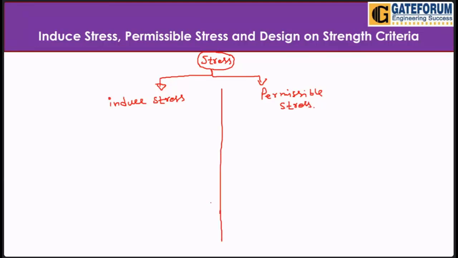Just take one example. Suppose here we have one person, and suppose we don't know how much load this person can sustain on his head. Suppose any worker in any factory or company, and I am the supervisor there, and he is a new worker.